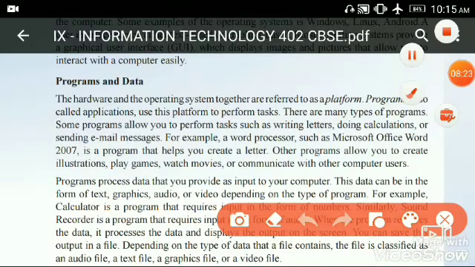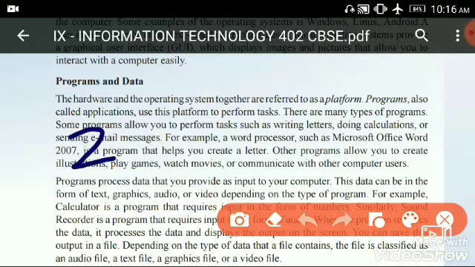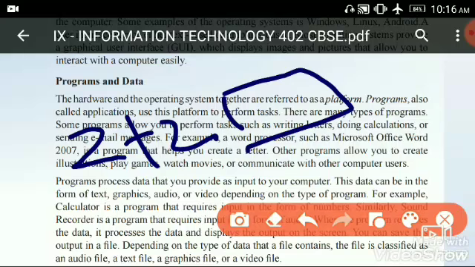According to the type of data a file contains, the file is classified as an audio file, text file, graphics file, or video file. If we input 2 plus 2, after processing the output is 4, which is displayed in the result.